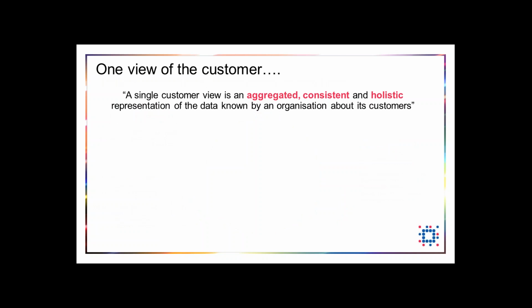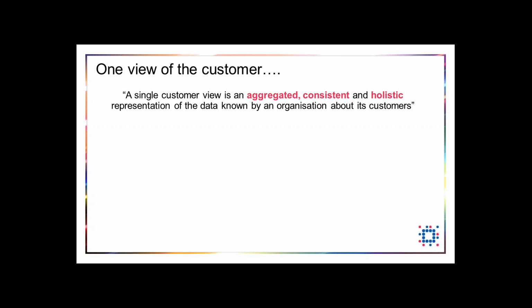Now let's examine a simple definition of a single customer view. We all have multiple different languages that we use for this, or acronyms. SCV, SPV, SIV are a number that I've heard recently, single person views, prospect views, or single individual views. But whatever you call it, nearly all organisations understand the importance and benefit of achieving or working towards a single view of their customer.